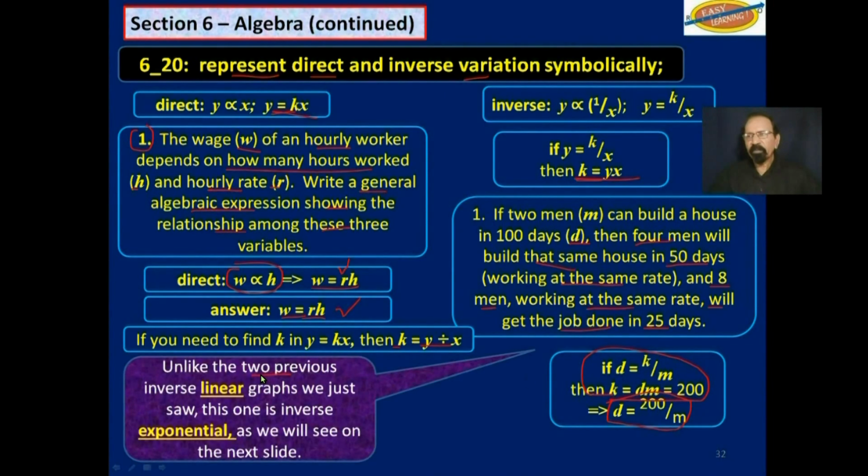Unlike the two previous linear graphs that we just saw, this one is inverse exponential, as we will see on the next slide, but not linear inverse. And yes, this formula here does work for inverse exponential, but not for inverse linear.